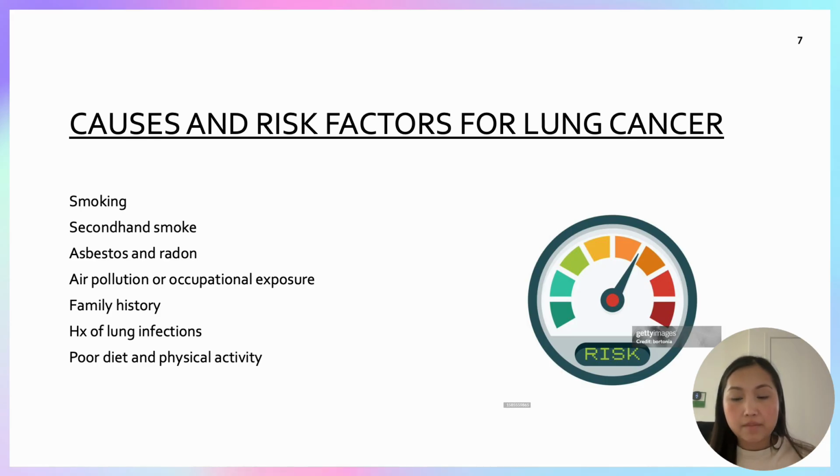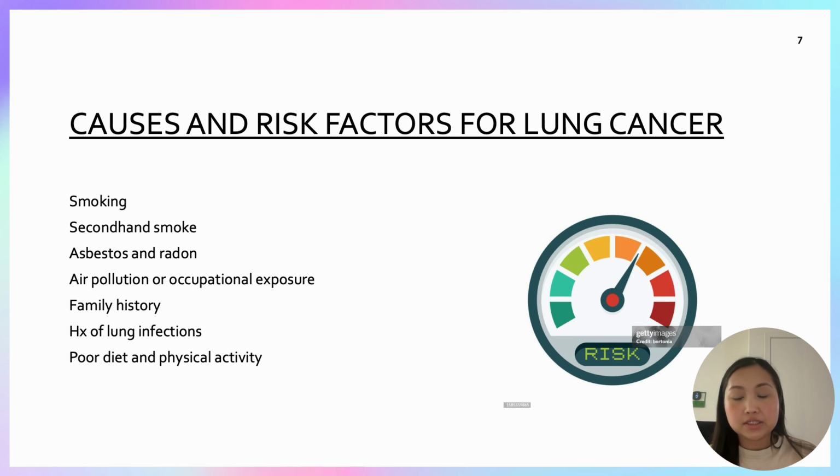Asbestos is found in construction, shipyard, and is common for industrial workers. Arsenic, diesel exhaust, and other industrial chemicals, and air pollution, especially long-term exposure, can also put someone at risk.